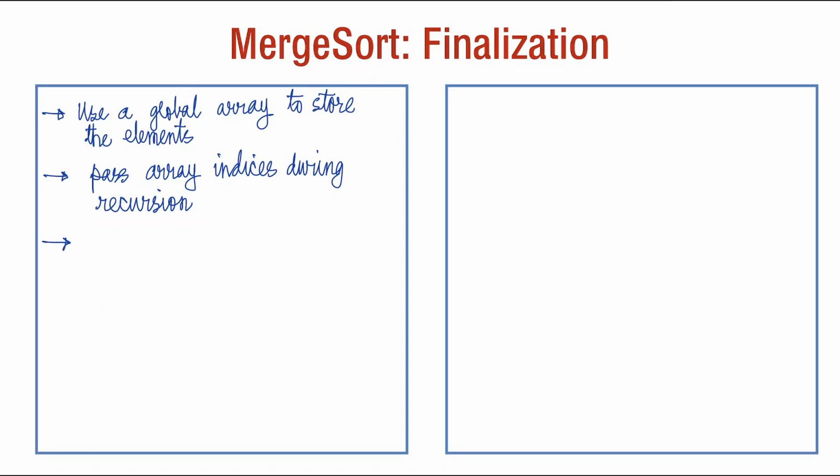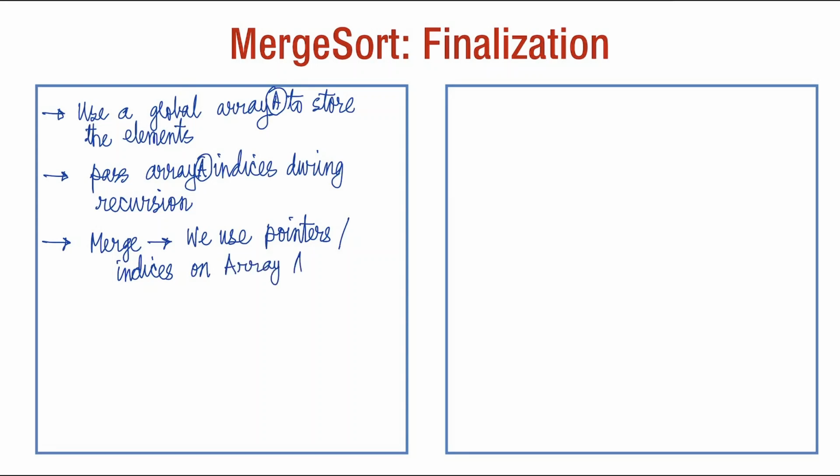And for merge, we use pointers or indices on, so let us call this array A. We pass array A indices during recursion, and we use pointers on the array A. So this gives us a top-down algorithm.